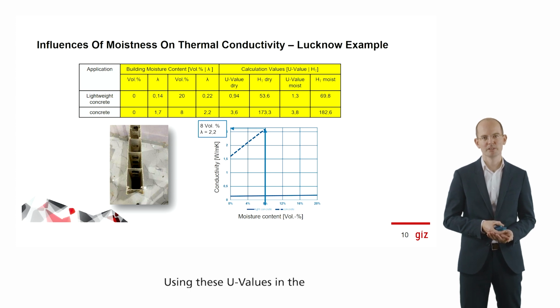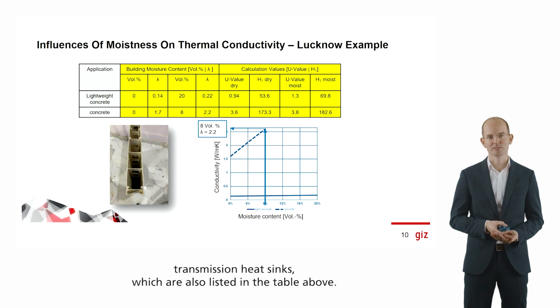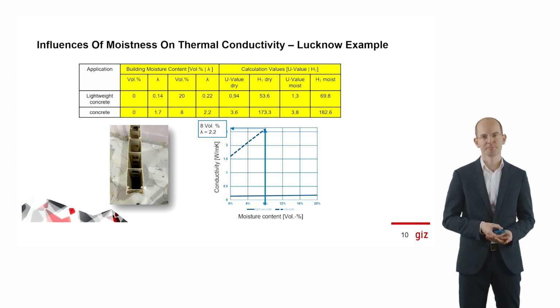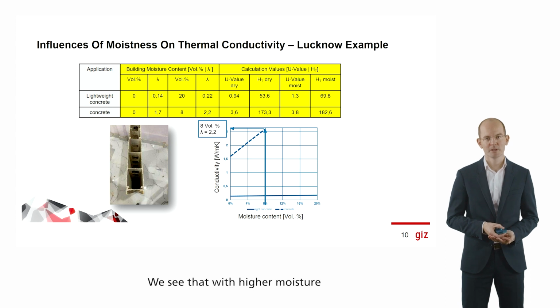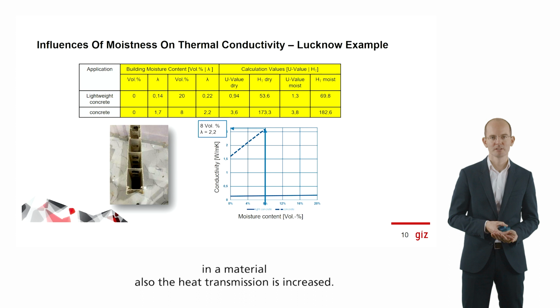Using these U values in the equation we have learned in this lecture, we can calculate the corresponding transmission heat sinks, which are also listed in the table above. We see that with higher moisture in the material, the heat transmission is also increased.